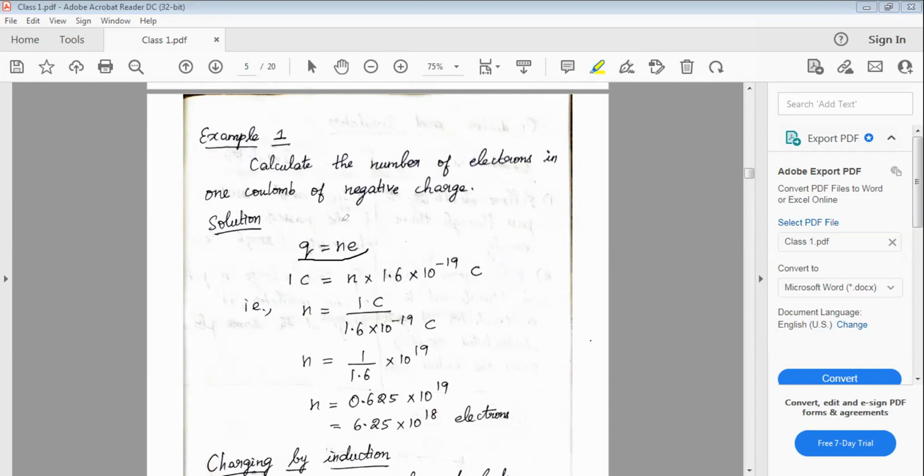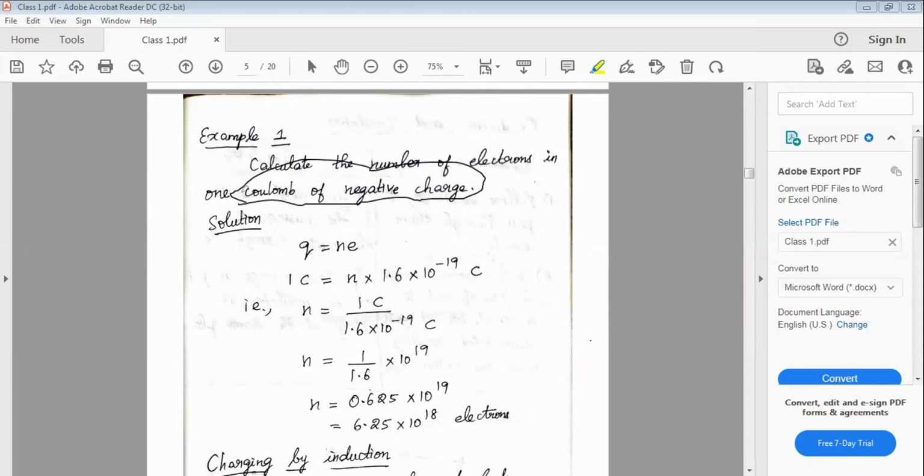Q equals Ne, and here we have to find the number of electrons. So N is required, and we know the value of e. e is nothing but 1.6 times 10 power minus 19 coulomb, and Q here is given as 1 coulomb.